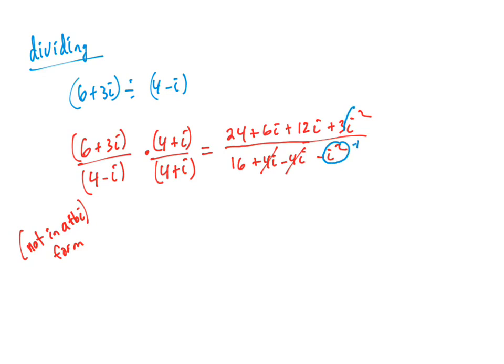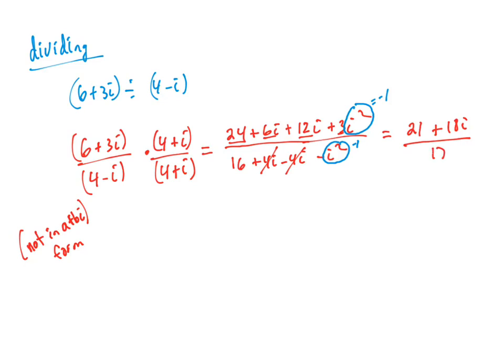In the numerator we also have an i squared, so this is also negative 1. So in the numerator we can combine the 6i and the 12i to 18i, and then 24, this is 3 times negative 1, so negative 3, 24 minus 3 is 21. So 21 plus 18i divided by, I have 16 minus negative 1, so 17.